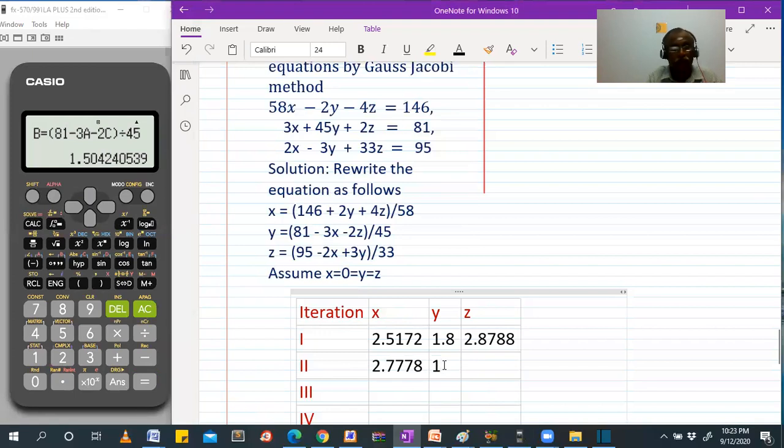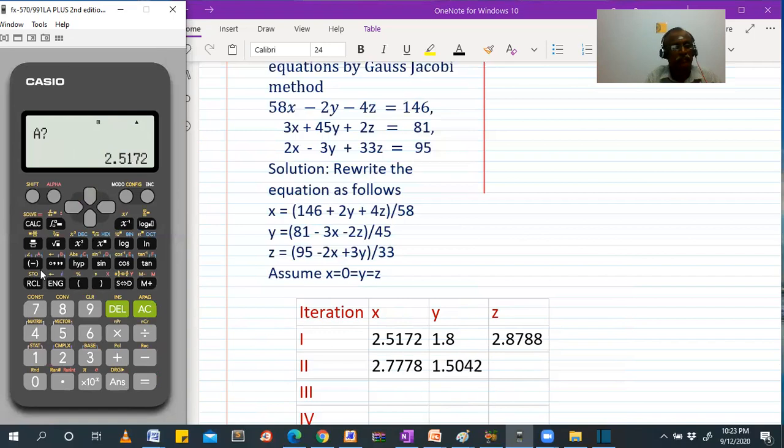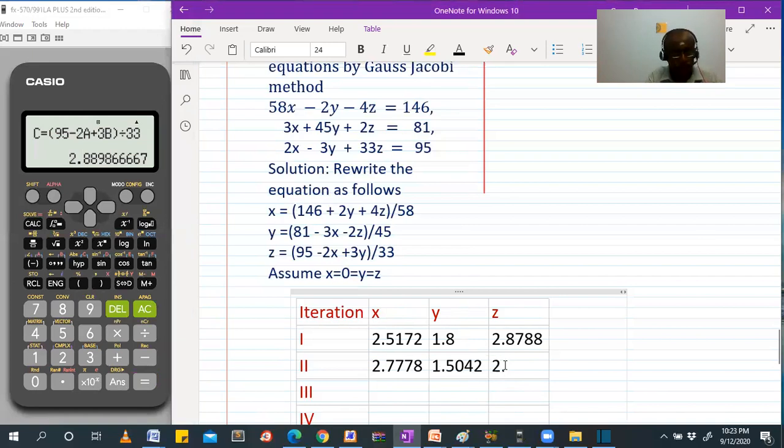It is 1.5042. Next, calculate c. Calculate a equal to 2.5172, b is 1.8. So it is 2.8889.